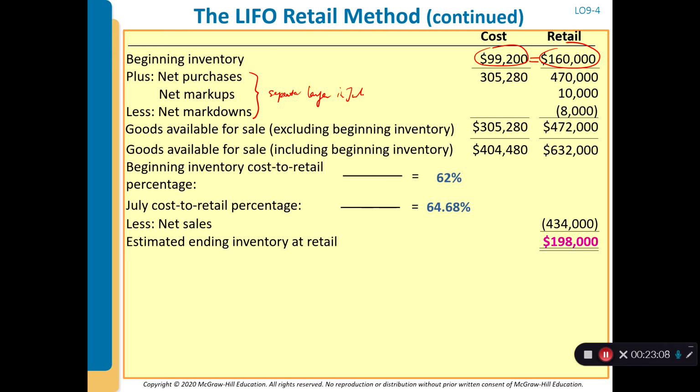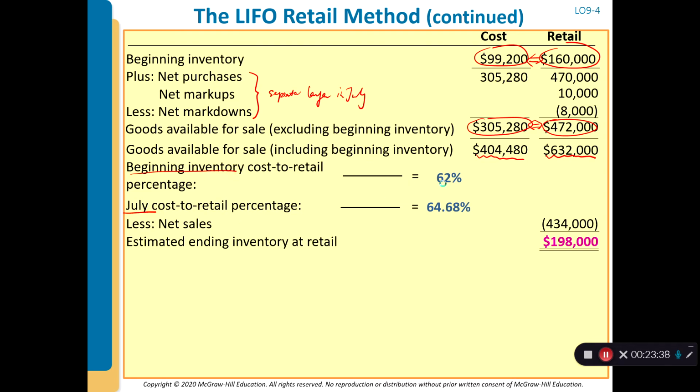Therefore, the relationship between the 305,280 and 472,000 is additionally layered, right? Although all of this adds up to total available for sale of 404,480 at cost and 632,000 at retail, we want to separately consider the beginning inventory layer and the July layer.